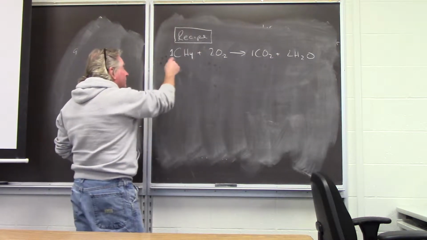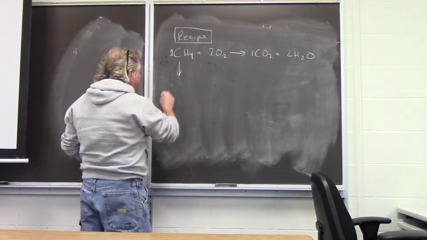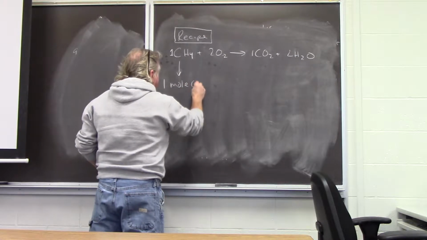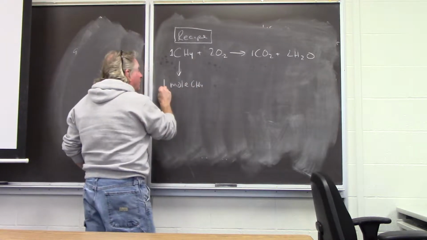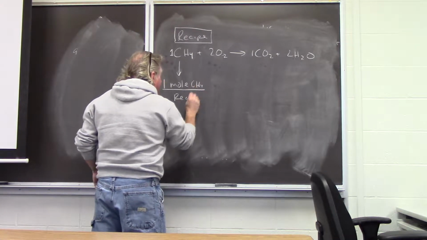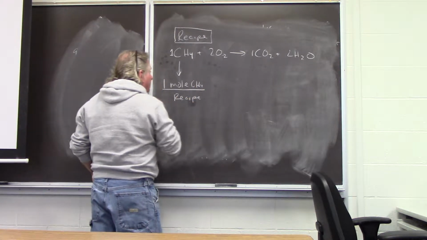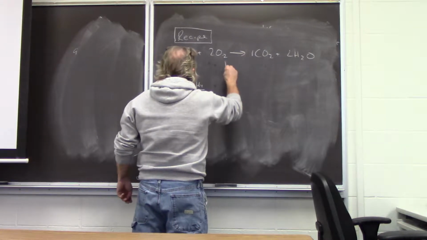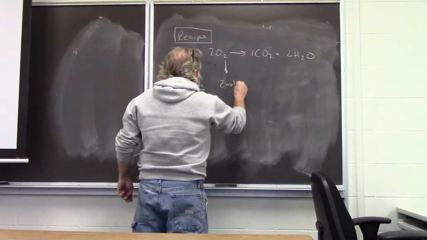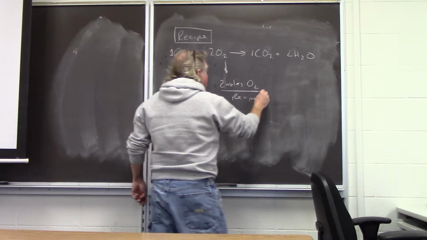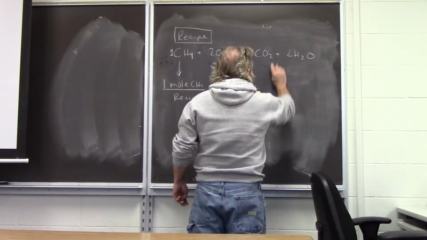So what this means is that there's one mole of CH4 molecules per recipe for this reaction. And then you're going to do the same for oxygen, so there are 2 moles of oxygen per recipe, and so forth.